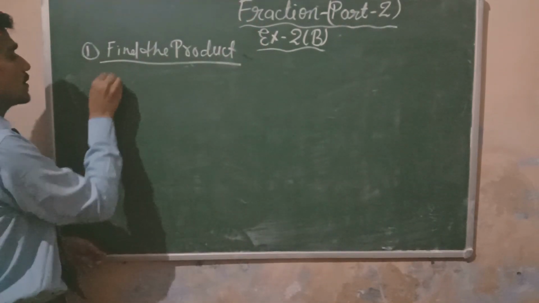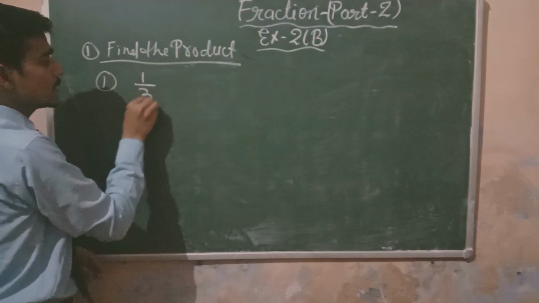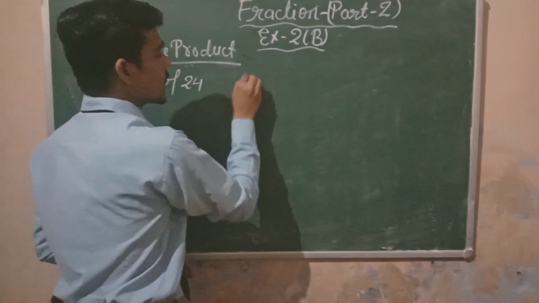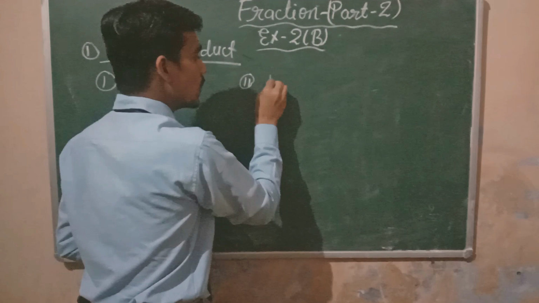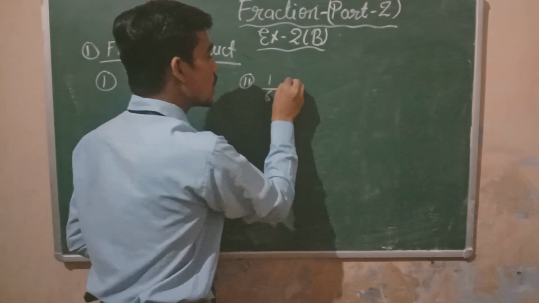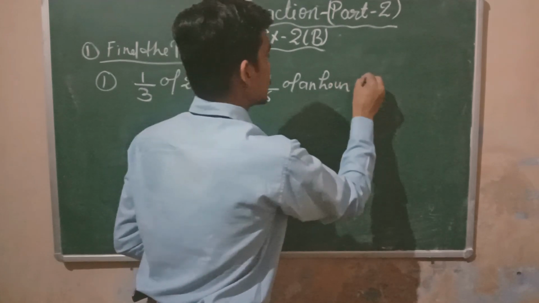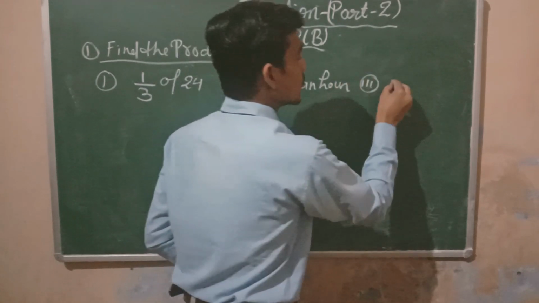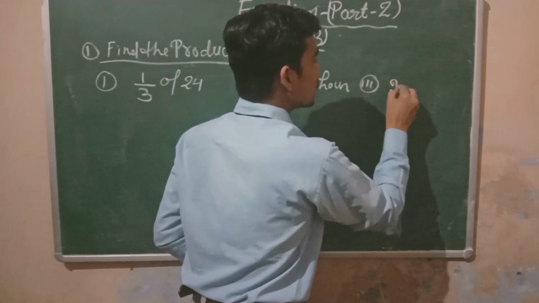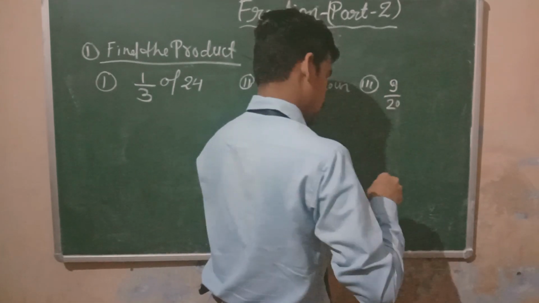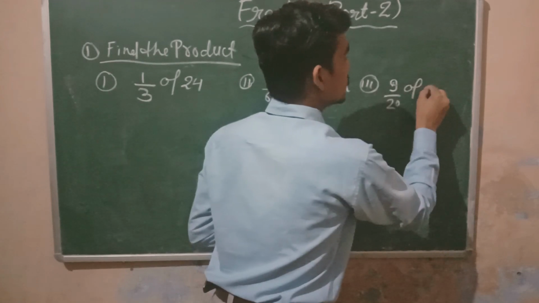Look at here, students. 1 by 3 of 24. First question. Second question is 1 by 6 of an hour. And third question is 9 by 20 of meter.